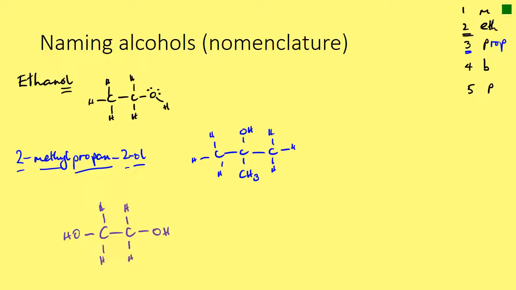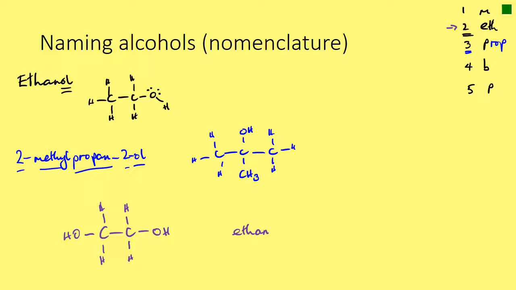So the first thing we're going to do is count the number of carbons in the chain, and we count 1, 2, and so that is going to be eth, right? And it's no double bonds, so it's going to be ethan. Now we have 2 hydroxyl groups, so it's going to be a diol.